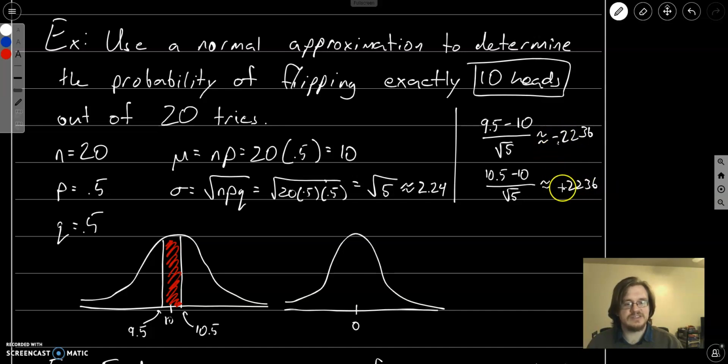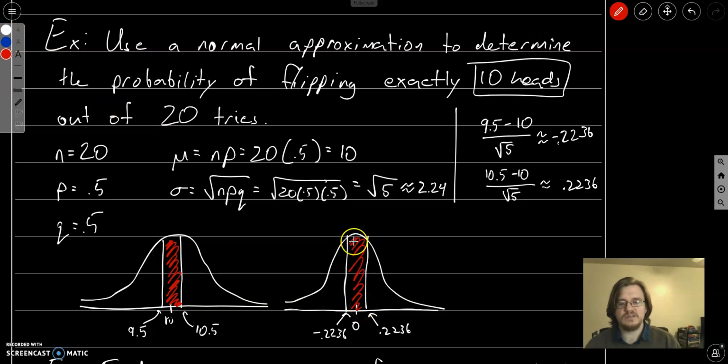Notice that this is just the negative of the other one because the normal distribution is symmetric and we're just on either side of the mean. So what I want to do is calculate the area between negative 0.2236 and 0.2236. To calculate this area, there are a couple of ways to do this.